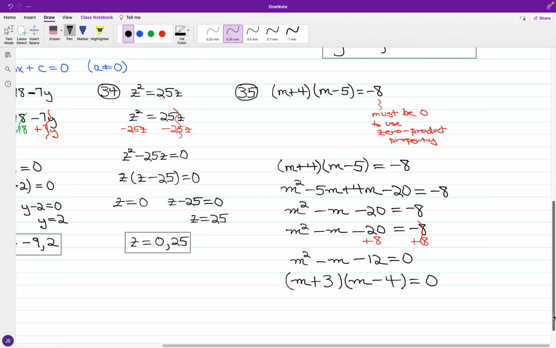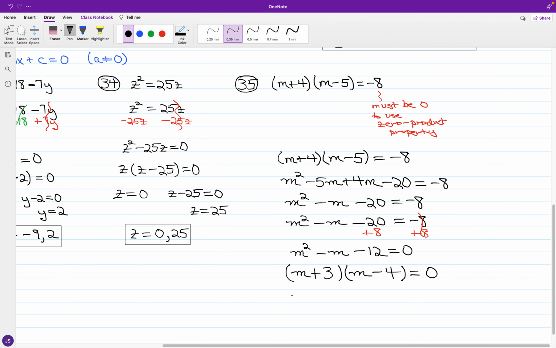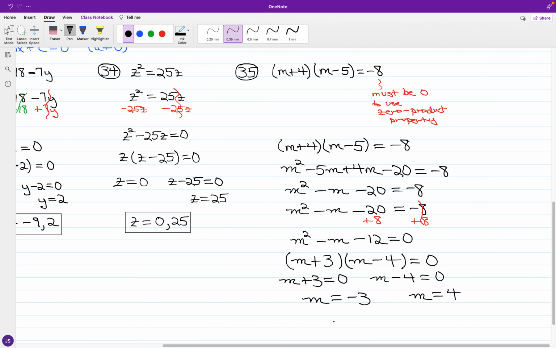With these factors, we have m plus 3 and m minus 4, and since the product is equal to 0, I can set each of the expressions equal to 0. If m plus 3 is equal to 0, we have that m is equal to negative 3. And if m minus 4 is equal to 0, we're going to have that m is equal to 4.